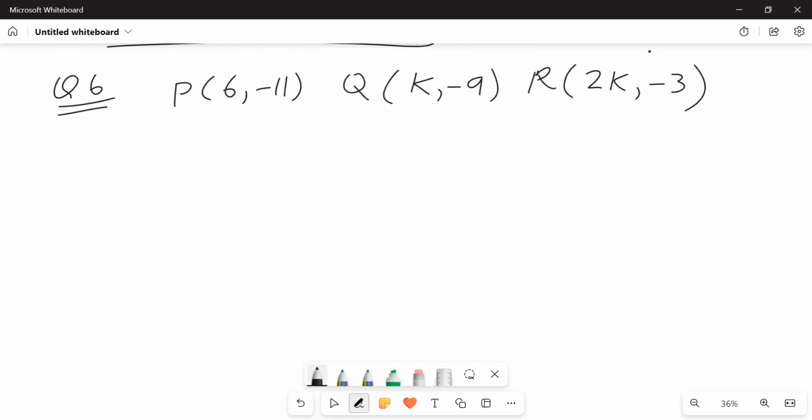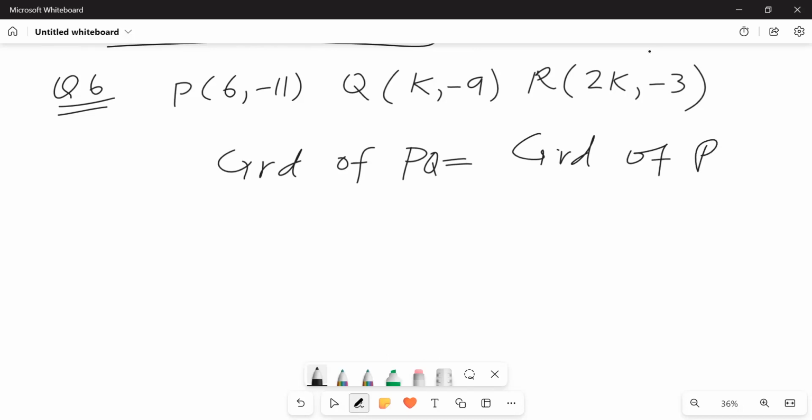If the gradient of PQ is equal to the gradient of PR, then find the value of k. Okay, and we have to find the value of k.